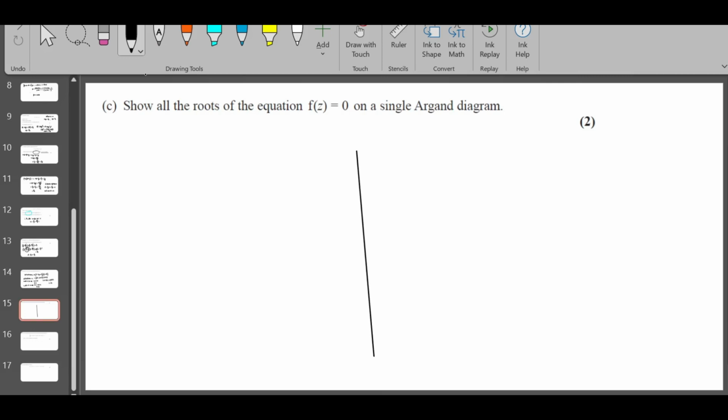This is the imaginary axis, this is the real axis. So write it as real part of z, or just write real axis, imaginary axis. This is O. And then 2 over 3, square root of 17 over 3.